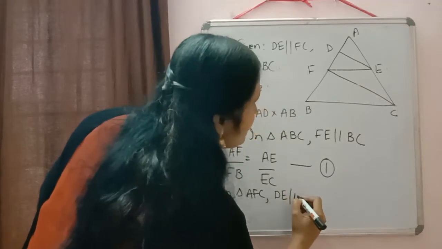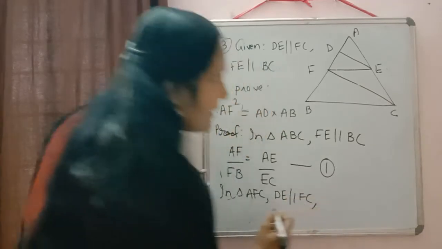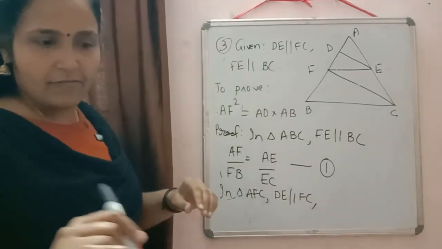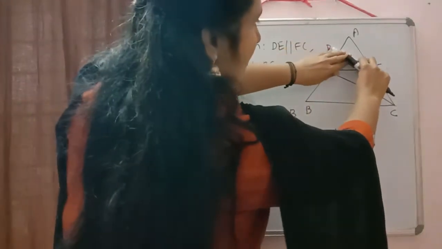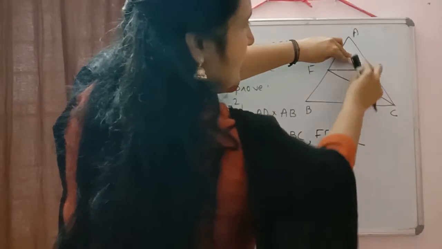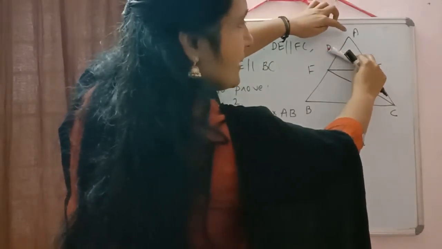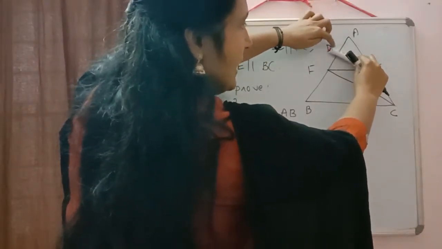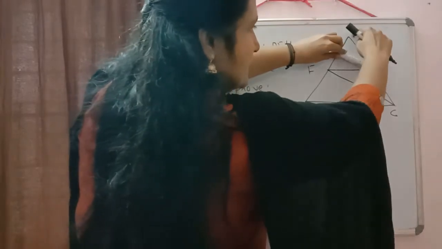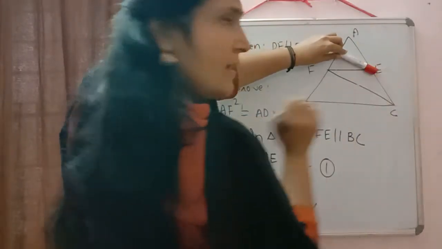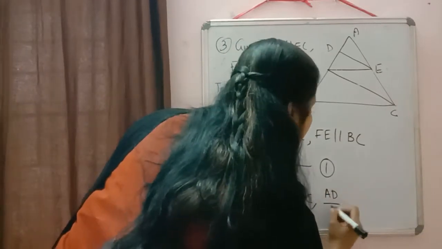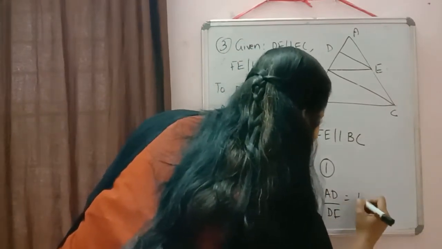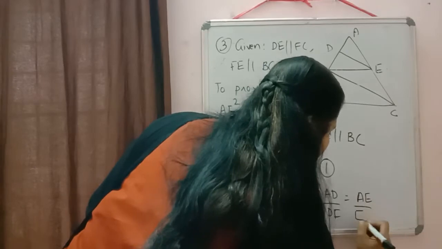DE parallel to FC, correct? Now just check what things we have here. Ratio AD by DF is equal to AE by EC. Write down AD by DF is equal to AE by EC. Make it equation number 2.